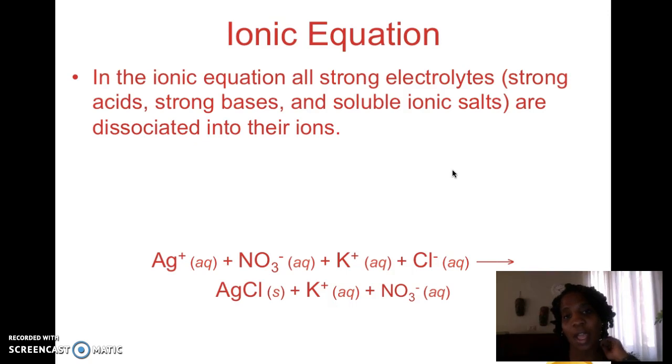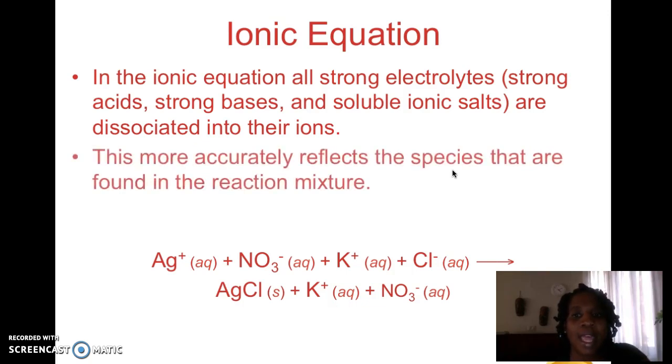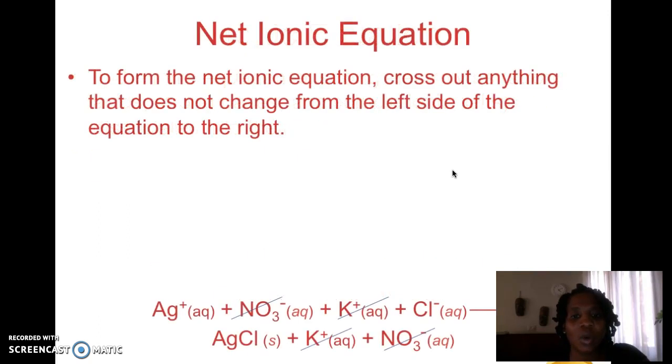So in the ionic equation, you would show the actual ions as they are dissociated in the solution. And then you would actually go about eliminating those ions that have not changed their physical state from the left and the right.